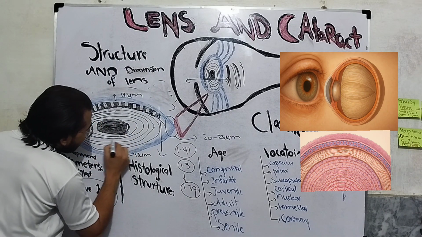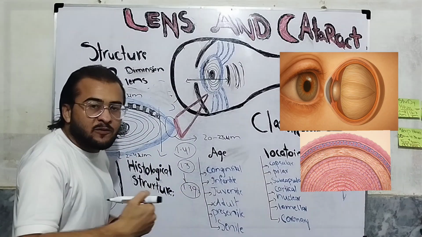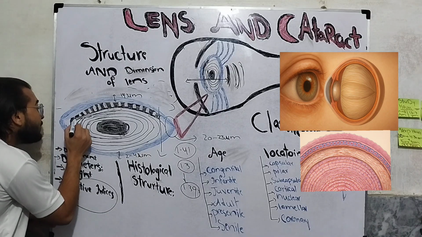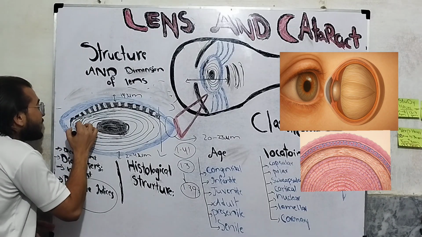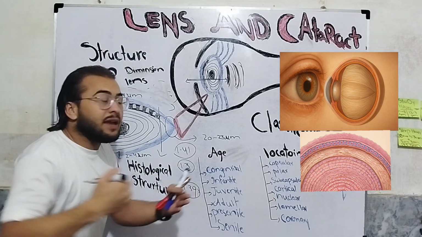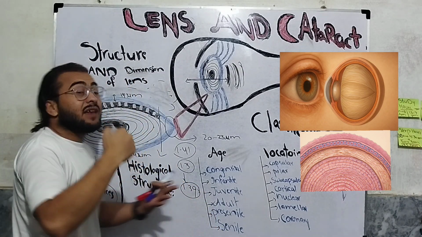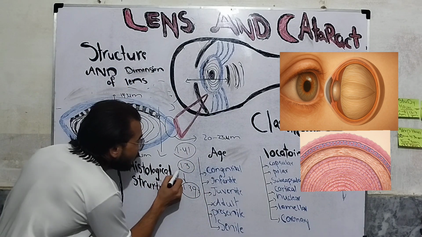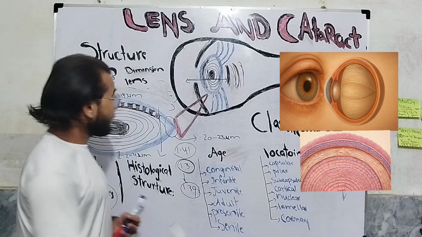There is no other morphological difference in this division, but the fibers which are forming in the periphery are new, so they are soft in consistency, and they have a lower refractive index. As I told you, it has a refractive index of 1.3 because of its soft consistency.